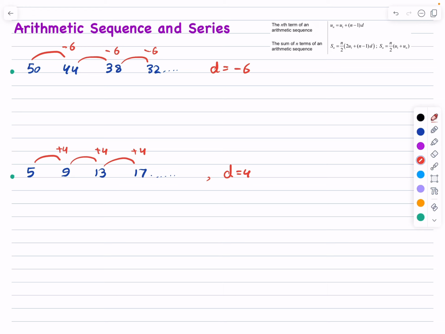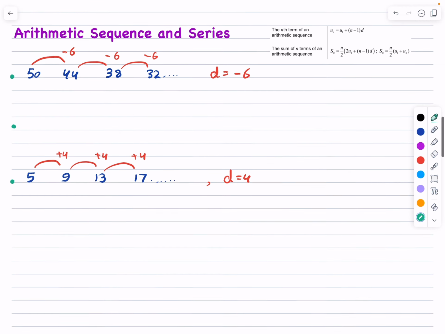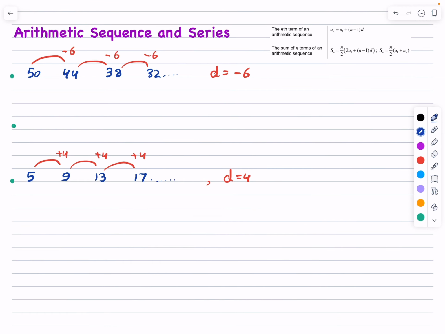Another example is a finite arithmetic sequence. For example, let's say we have 6, 12, 18, and so on, but up to, for example, 54. As we see, this sequence just ends at 54.